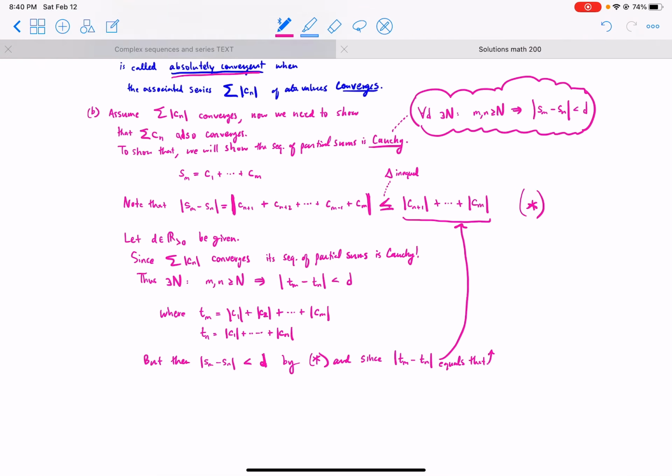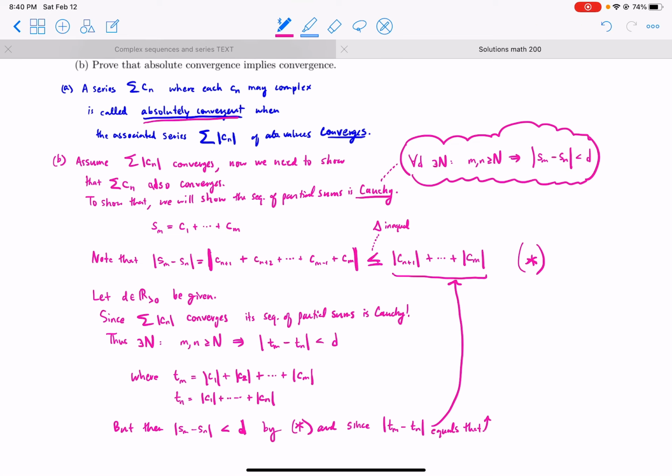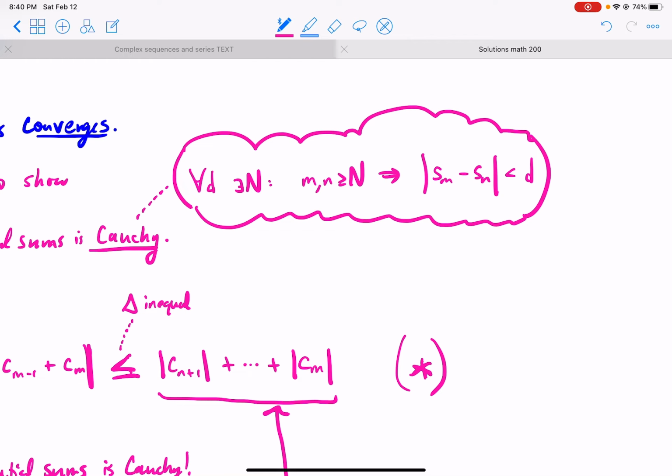Okay, so that's good. Now your book doesn't prove it this way. I like it this way because to me this is intuitive. Cauchy sequences are sequences where if you go out far enough, all the terms are really close to each other. They're zooming in on something. They're going to converge.